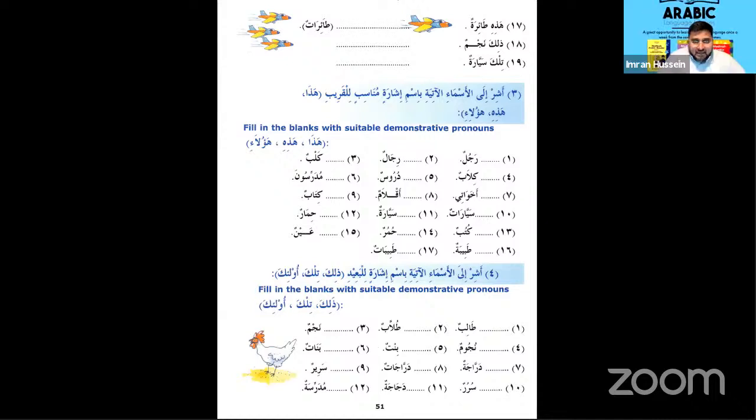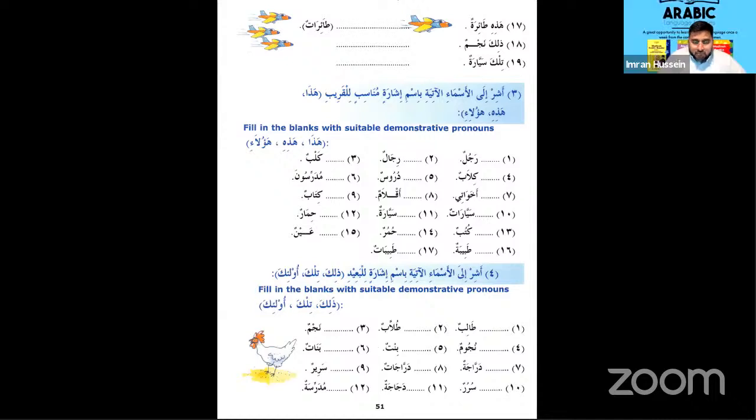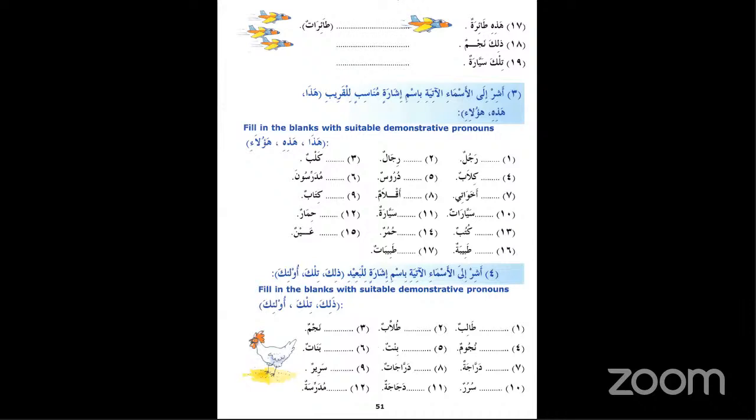Dhalika is for masculine. Tilka is for female. Dhalika talibun. Correct. Dhalika talibun, ulaika tulabun. Correct. Tilka najmun. Nope. Dhalika najmun. Okay, sorry. Dhalika najmun.